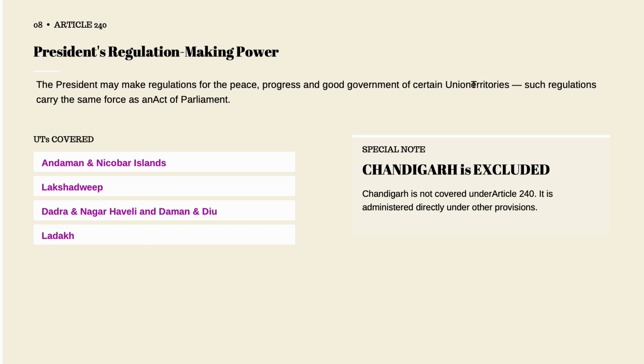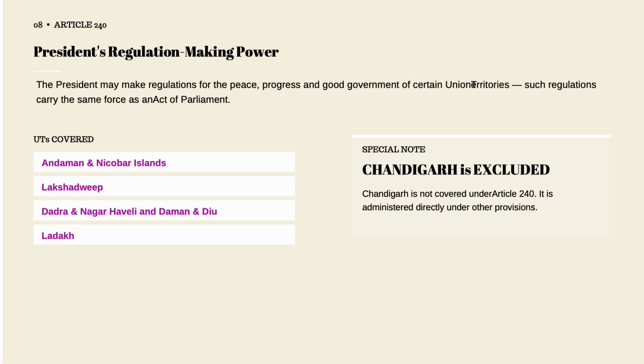Okay, so Chandigarh is very special. Chandigarh is excluded. You just need to know that Chandigarh is excluded. There's no specific reason given by the Indian Constitution, but the Union Territory of Chandigarh is not covered under Article 240, either under Article 240 or 239B. Chandigarh is the only one that we can't find a reason for.